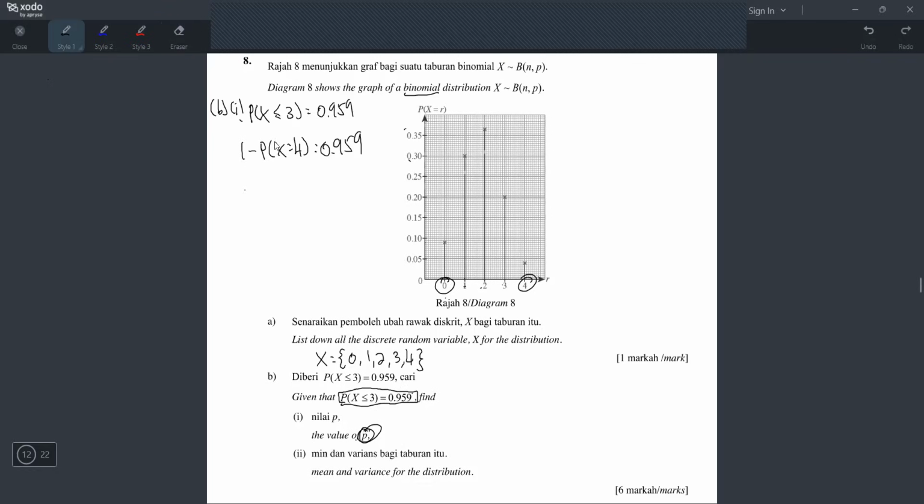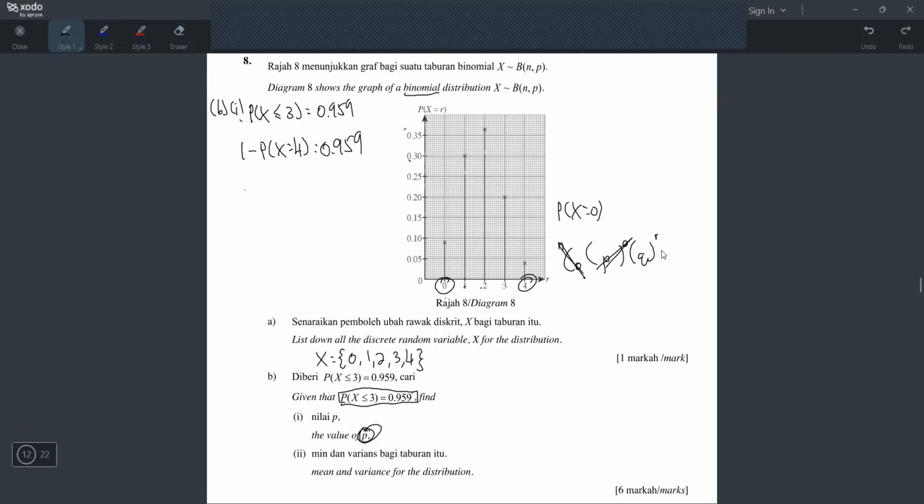What about P(X=0)? P(X=0) can also be used. Because P(X=0) means what? It will be nC0, and then p to the power 0, and q to the power n minus 0, which is n. If you do it like this, your p gets cut, and your nC0 also can cut because this one is 1, this one is 1.